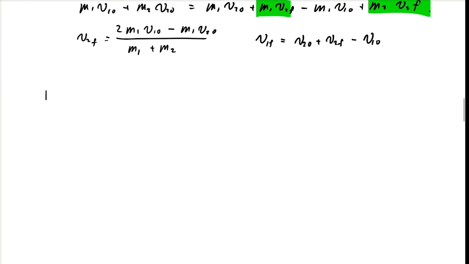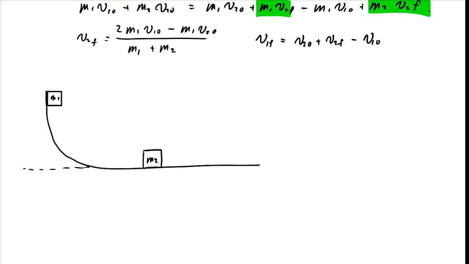Say there is, I think you have seen this kind of thing. I want to place M1 here and M2 here, and let's say M2 is so much bigger than M1. This thing has this height h.